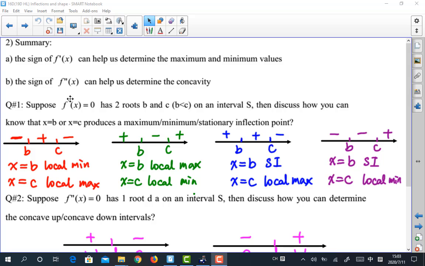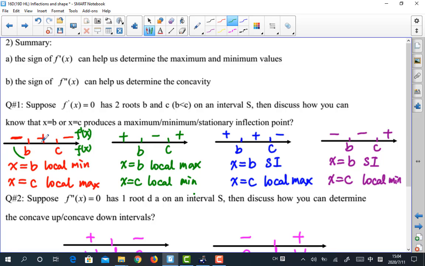Let's look at if we have f prime x equals 0, and this equation can produce two roots, b and c, on an interval in the domain. Then discuss how you can know that x equals b or x equals c produces a maximum or minimum or stationary inflection point. If the sign diagram of f prime x looks like this one, on the left side of b it's negative, so that means the original function should have a decreasing trend.